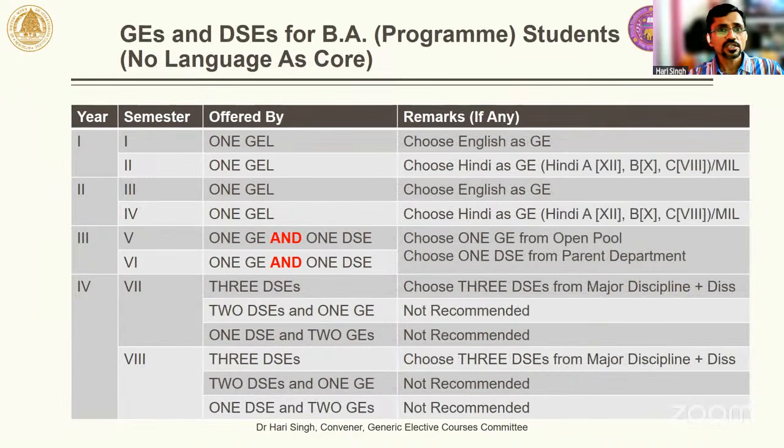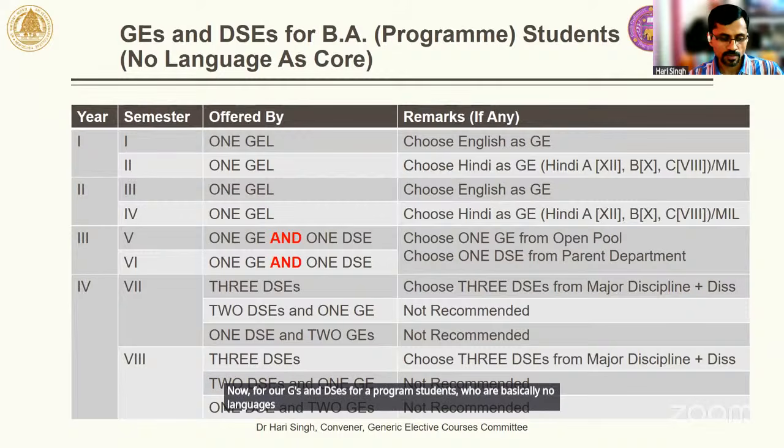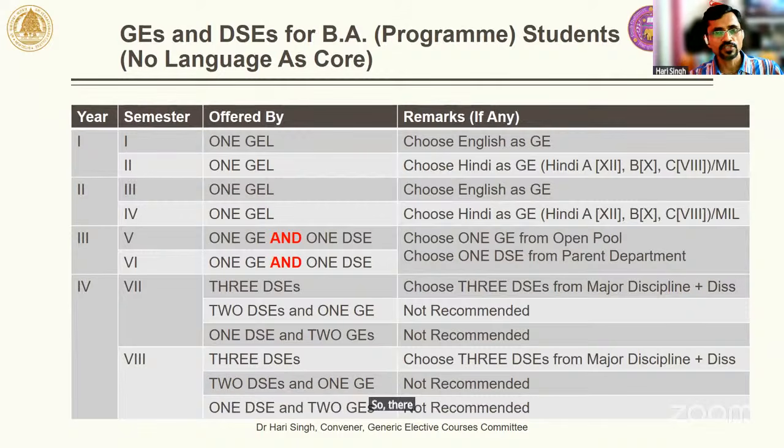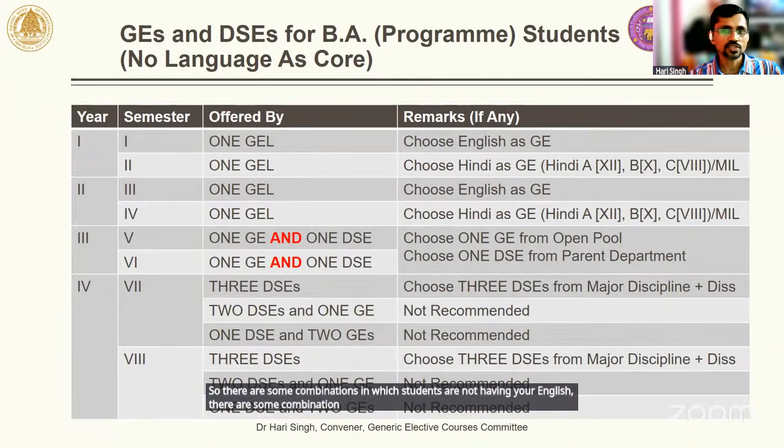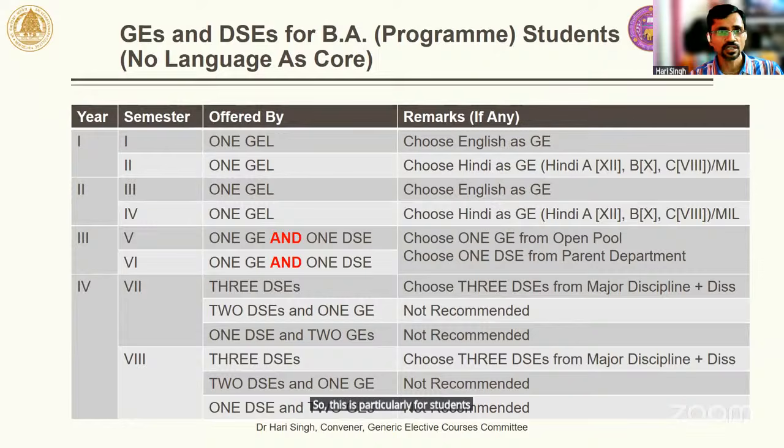Now for GEs and DSEs for program students who have no languages. In the BA program, we have various combinations. There are some combinations in which students do not have Hindi or English, and some in which a student has either English or Hindi. This is particularly for students who have neither English nor Hindi.